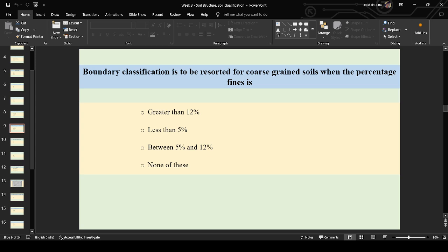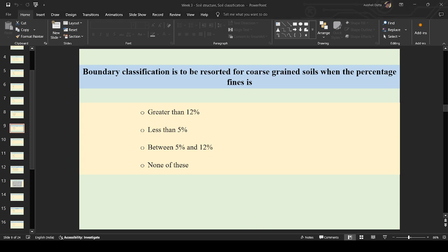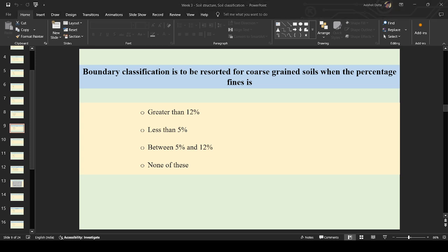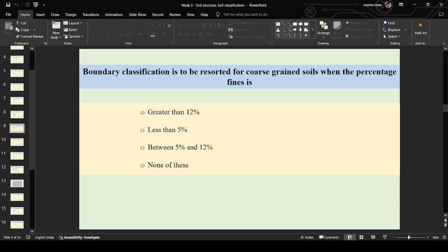The options are greater than 12 percent, less than 5 percent, between 5 percent and 12 percent, or none of these. I hope the question was clear. I'll go to the next question.